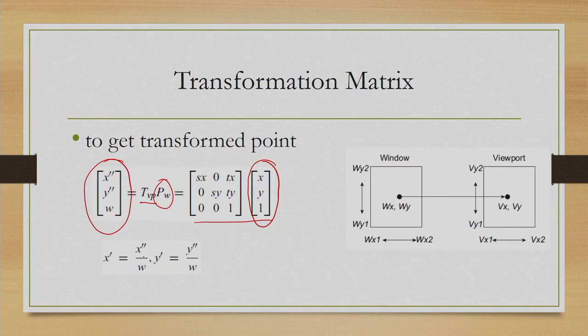And at the end we need to divide the obtained coordinates here with the homogeneous factor as shown here to get the transformed points. The approach is similar to what we have seen earlier. So, that is the basic idea of how to transform from a point in the window or the clipping window to a point in the viewport, which can be anywhere on the device space.